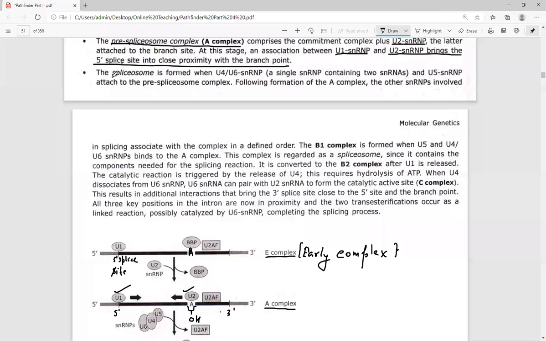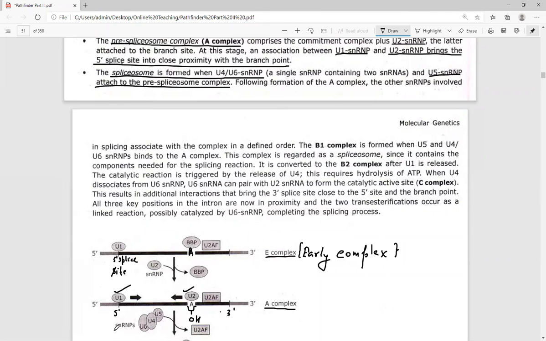The spliceosome complex is formed when U6, U4 and U5 snRNPs attach to the pre-spliceosomal complex. So these three molecules attach to the pre-spliceosomal complex, leading to the formation of the spliceosome.